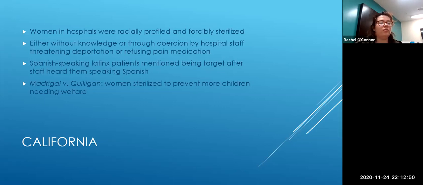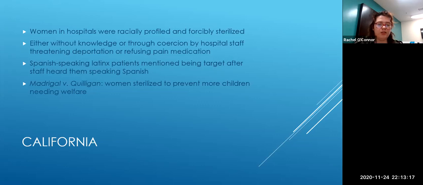This was either done without them being told, or hospital staff would push them to do this by threatening to have them deported or threatening to not provide pain medication for labor. Many of these women were sterilized while they were going through labor with one child.